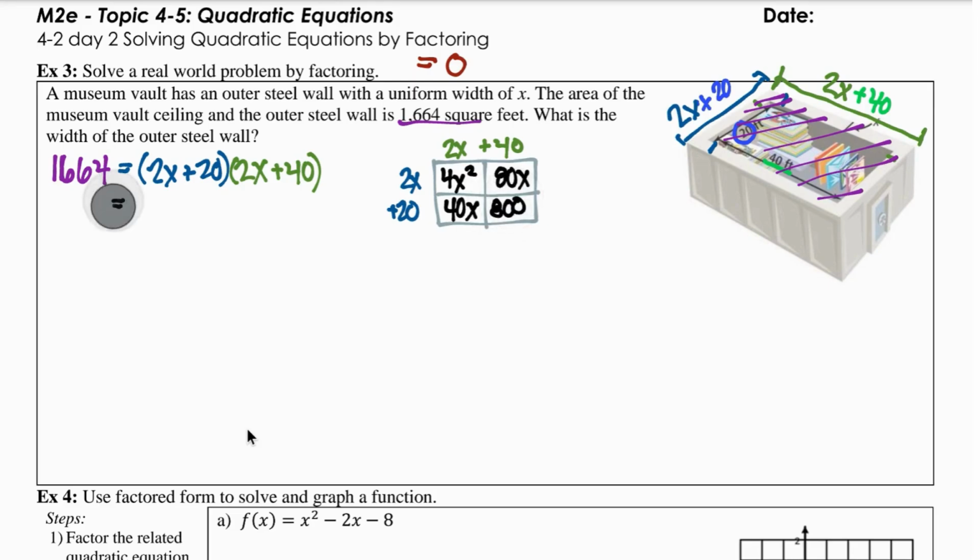So that means that I now have that 1,664 is equal to 4X squared, 80X plus 40X is going to give us 120X plus 800.